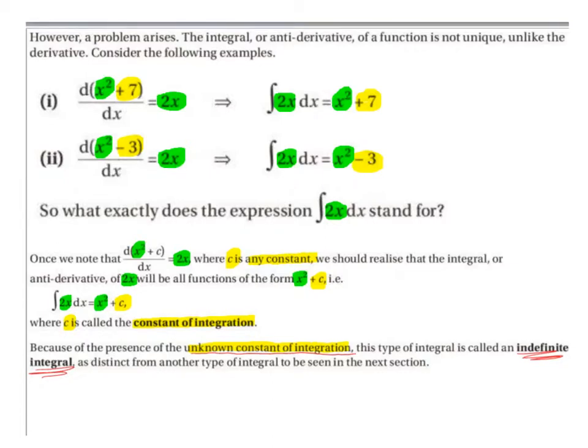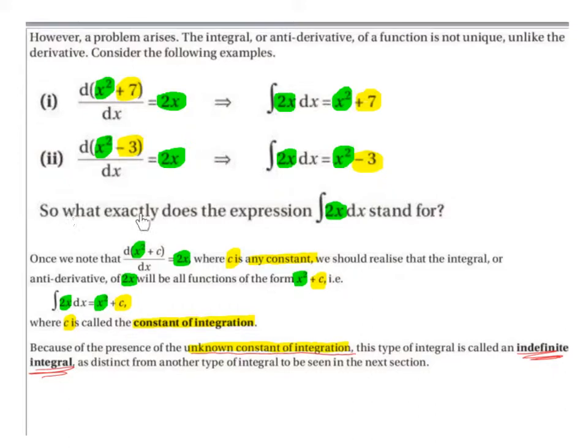So the derivative of x squared minus 3 is also 2x. Therefore, the integral of 2x dx is x squared minus 3. So we had two different functions that gave us the same derivative. However, if we were to integrate the same derivative, we can come up with an infinite number of integrals.